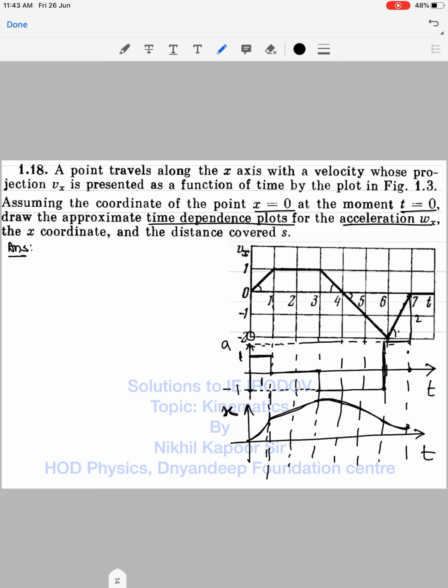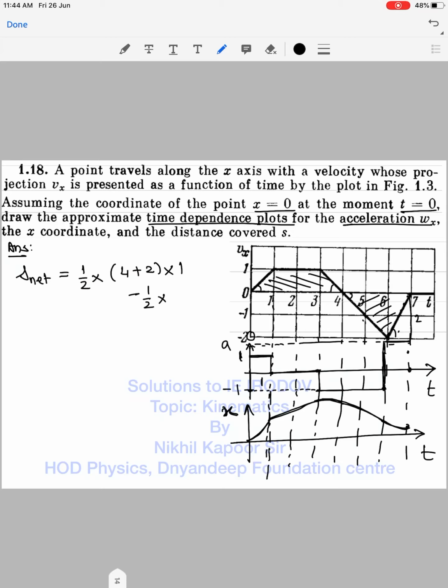And if you want to check why the graph is not going in the negative direction like the velocity, you can calculate the net displacement, which is the area under the graph. What is the area of this portion? It will be half into sum of parallel sides into height. Plus, sorry, I'll subtract this because we are calculating displacement.